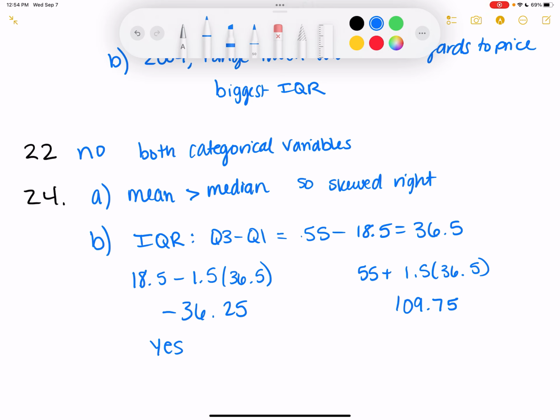Okay, the max. So we know that there's at least one outlier, because 250 is the max and it is outside the fences.